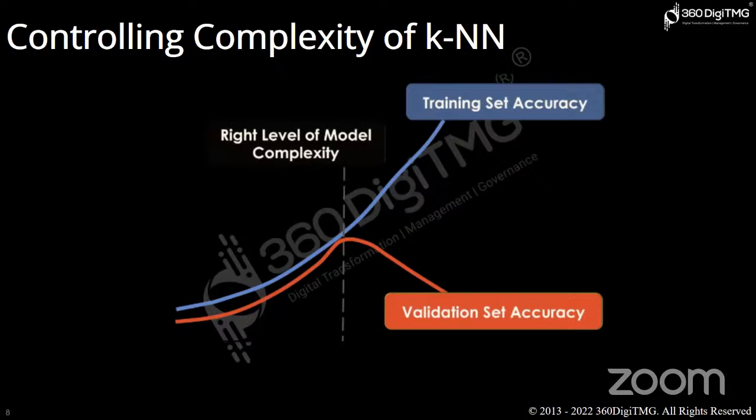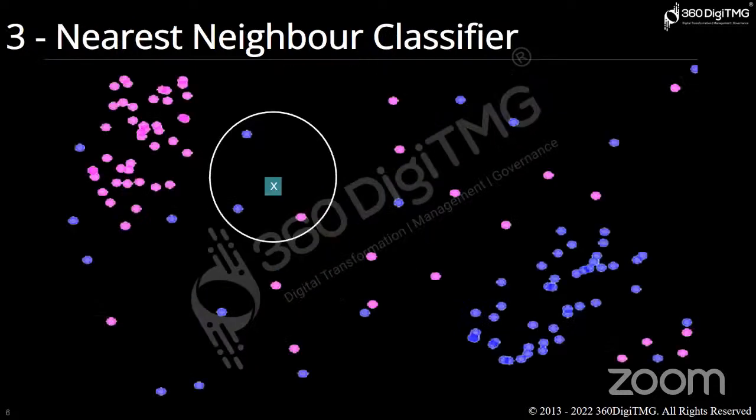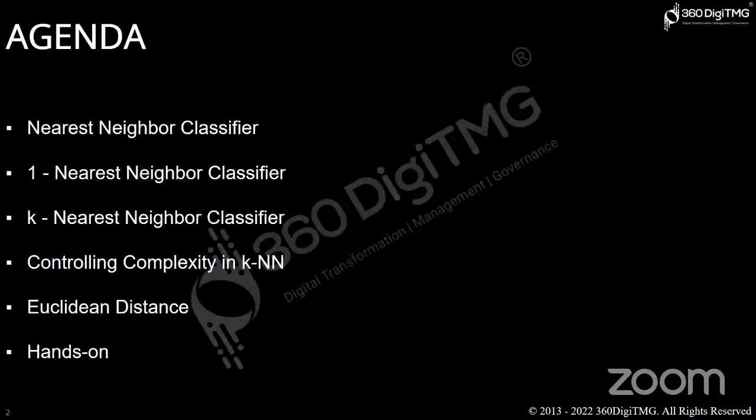Now, we are dividing a data set. So let's do a quick recap of supervised learning algorithms. We have the historical data. We are taking a sample.